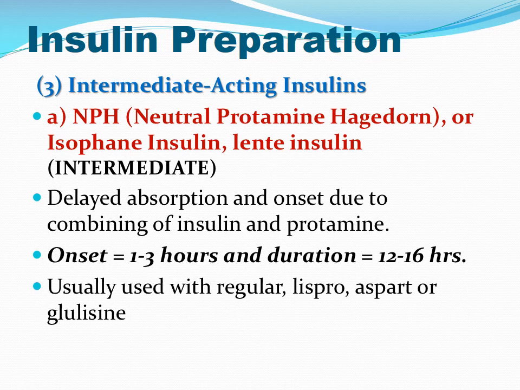Intermediate insulins have a prolonged duration of action, but they have a delayed onset of 1 to 3 hours and a long duration of 12 to 16 hours. This delay in absorption and onset is due to combining insulin with protamine.